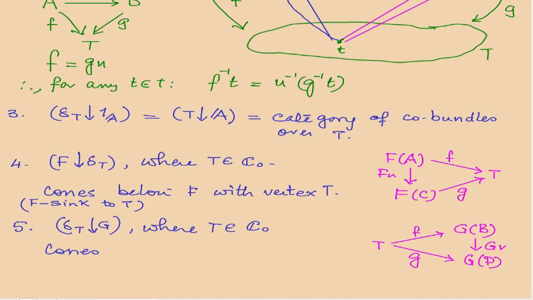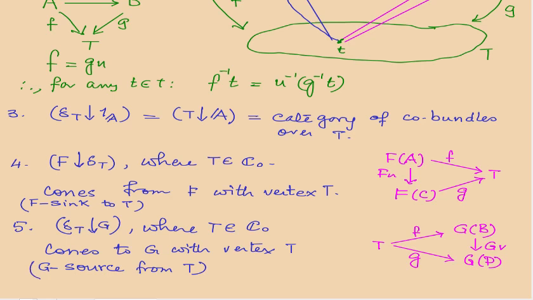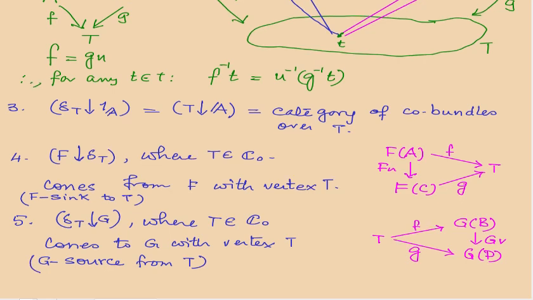Let me write it as cones from F. That's much better. So cones to G with vertex T. And the other one is F source, G source from. Okay. So these are several names.